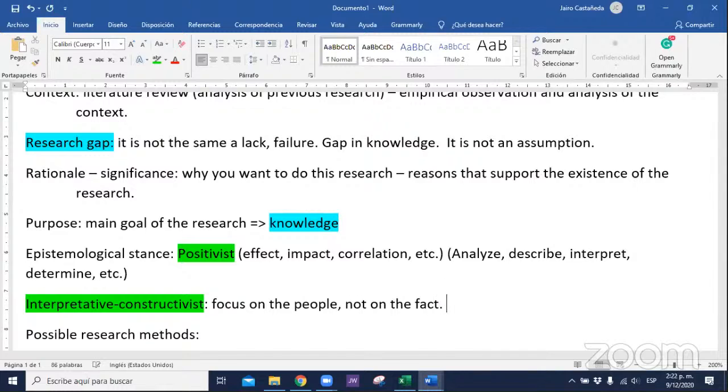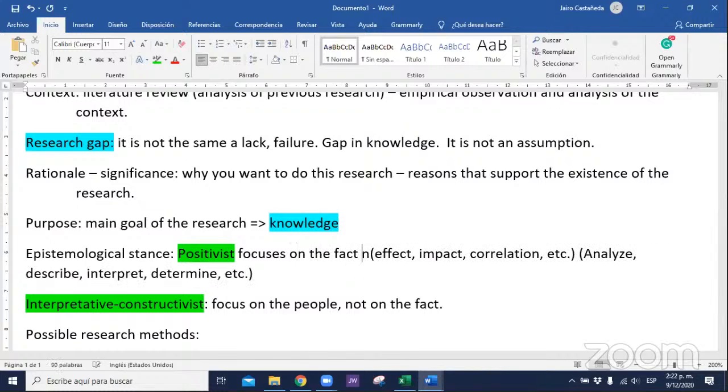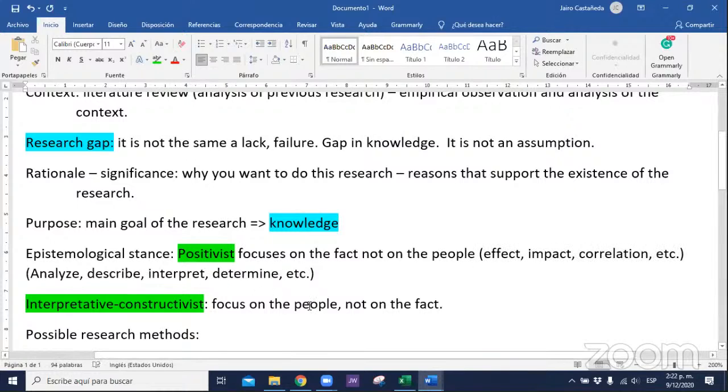Okay? Here in the positivist, you focus on the facts, not on the people. You know what I mean? You understand what I mean?